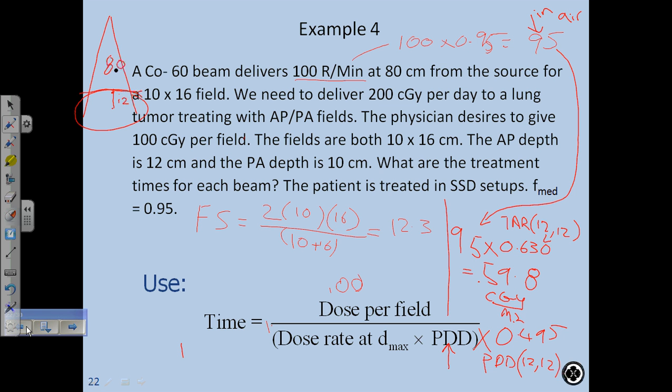Okay, so time equals 100 divided by 29.6 cGy per minute. And what's that? 3.38. All right. So for the AP beam, the therapist is going to turn the cobalt-60 beam on for 3.38 minutes.